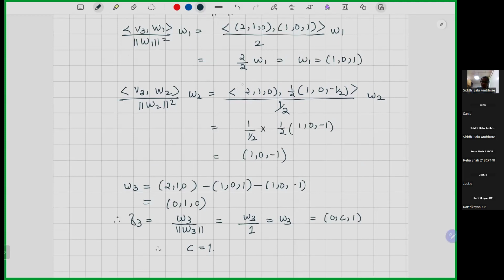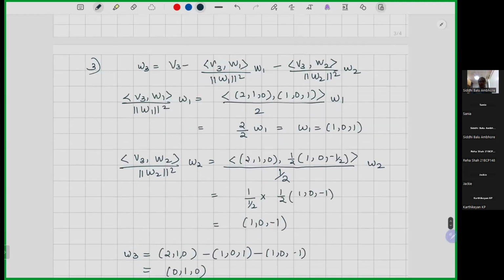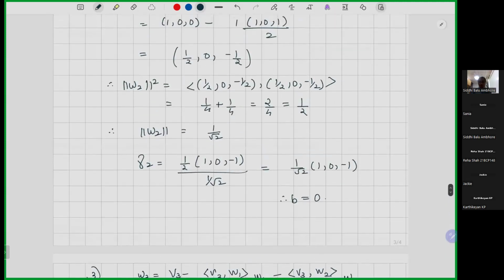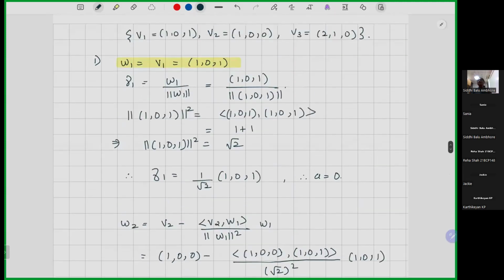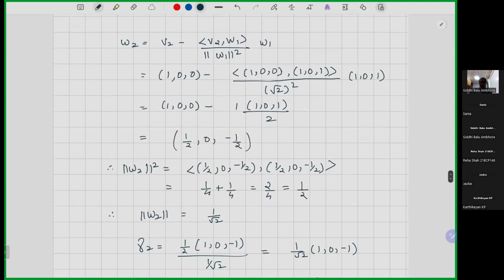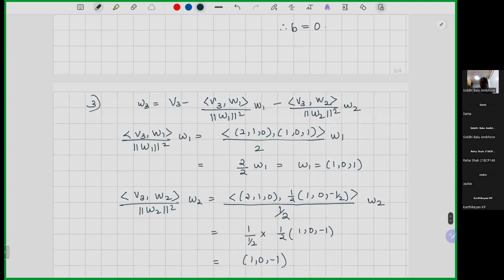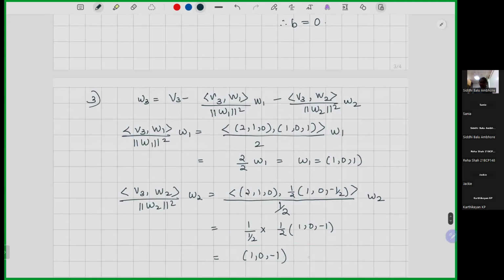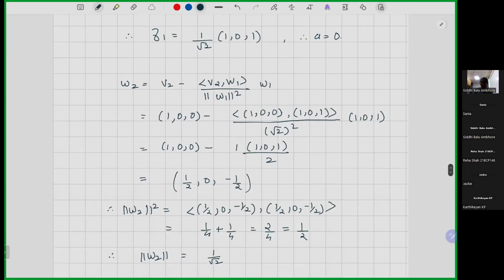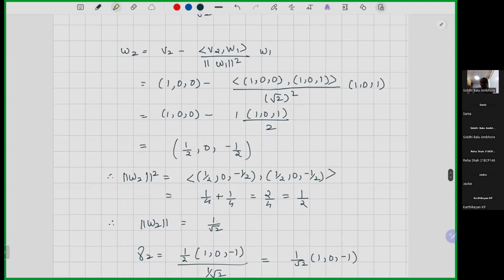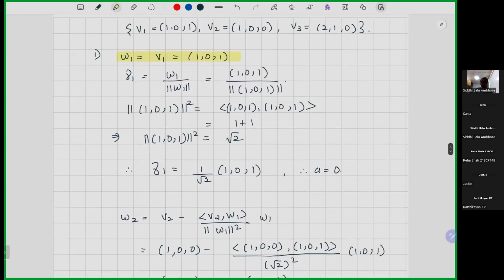But still, how the process is carried out, and how we are dividing by norm and when we are considering it. First of all, when we do orthogonalization, we don't need to divide. When I took W1 here and W2 here, I did not divide W2 by its norm. Its norm was 1 by root 2, but I did not consider it. I only used W2 which I obtained here. Similarly for W1 here.